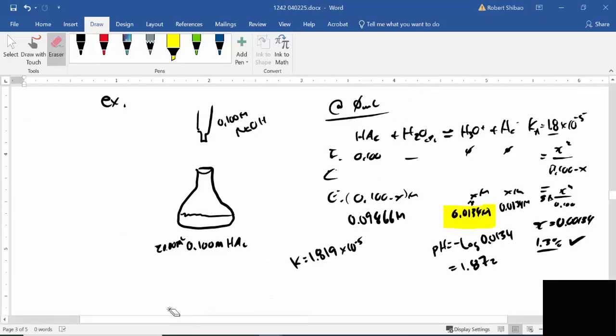Let me pause it here. The x value is supposed to be 0.00134, not 0.0134.